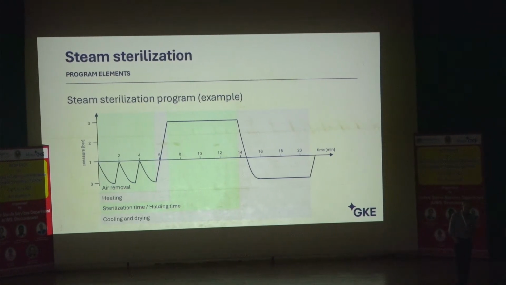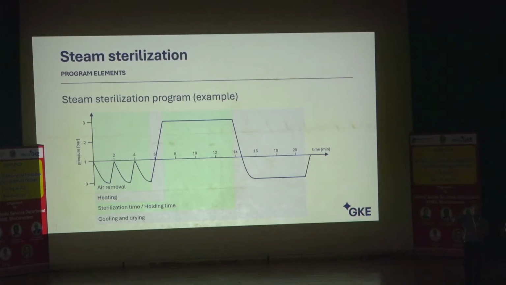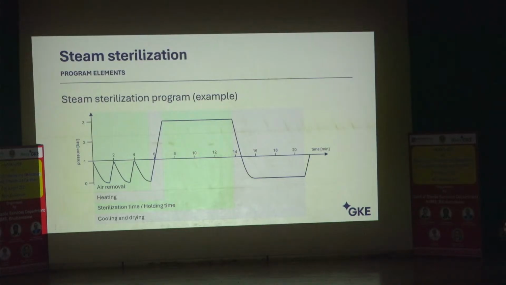The first part, where this curve goes down 3 times, is the fractionated vacuum, and this is made for air removal. Then the curve goes up, and this is the heating. Then we have the sterilization time, the horizontal line on top. This is the line where we want the germs to be killed. And in the end we have cooling and drying.